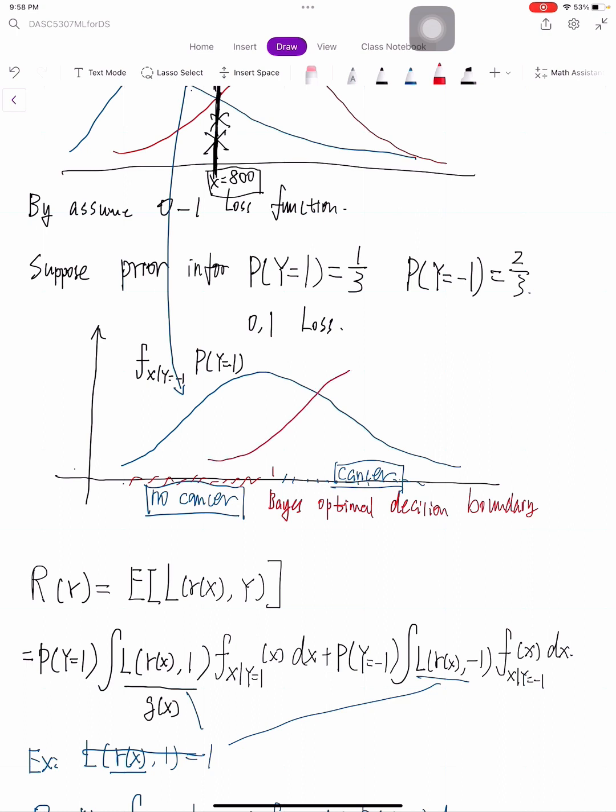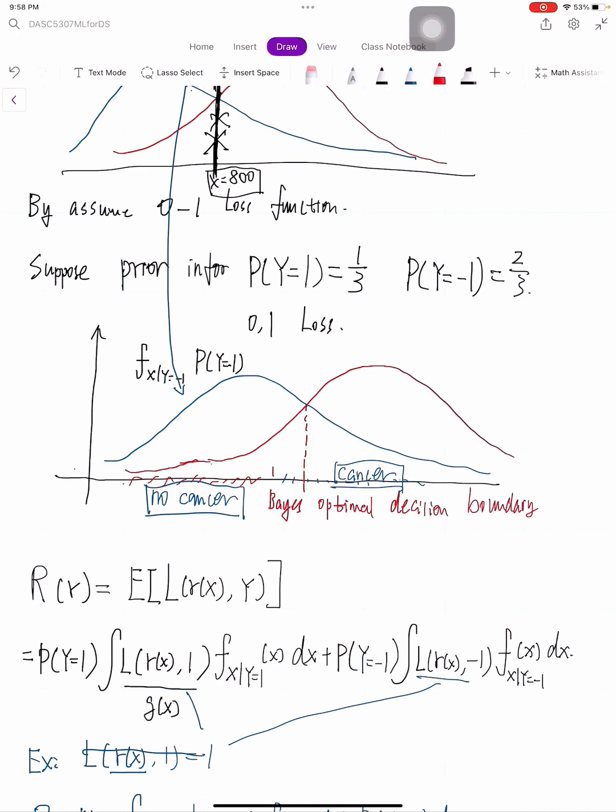Suppose now we have the two posterior densities, and the decision rule is, let's draw where the intersect is. Yeah, this is the Bayes optimum decision boundary.